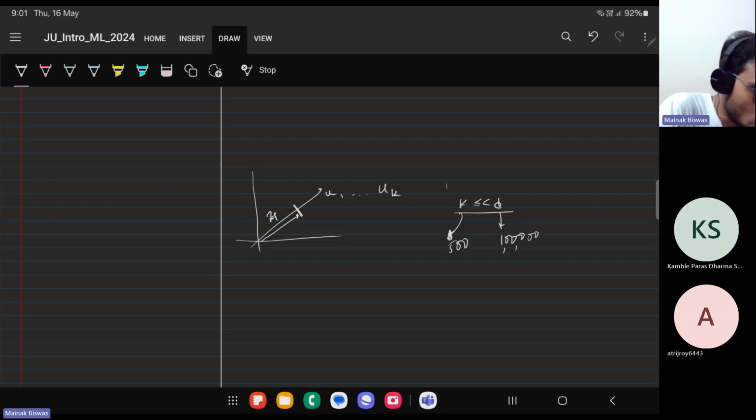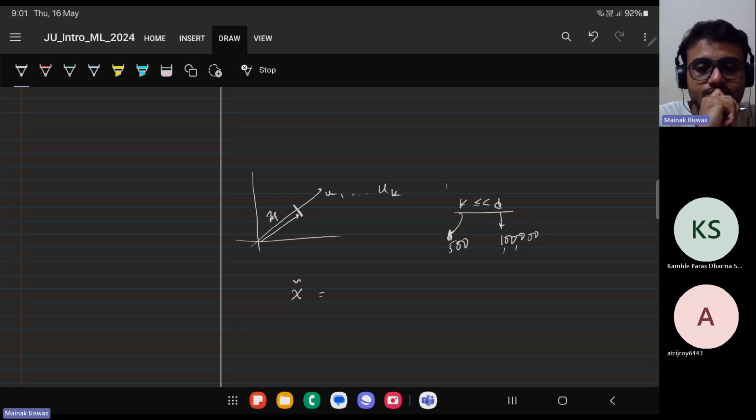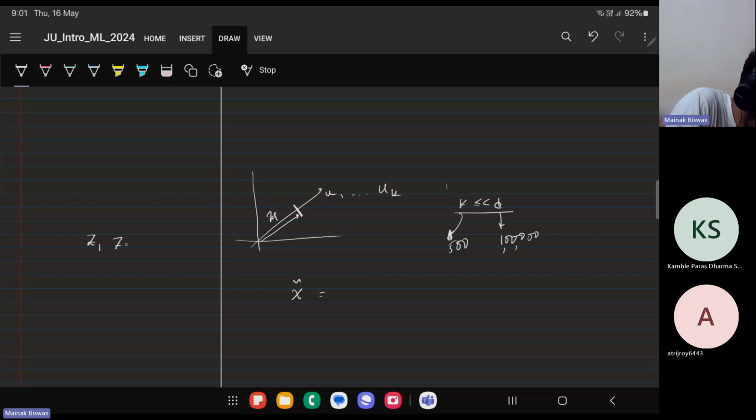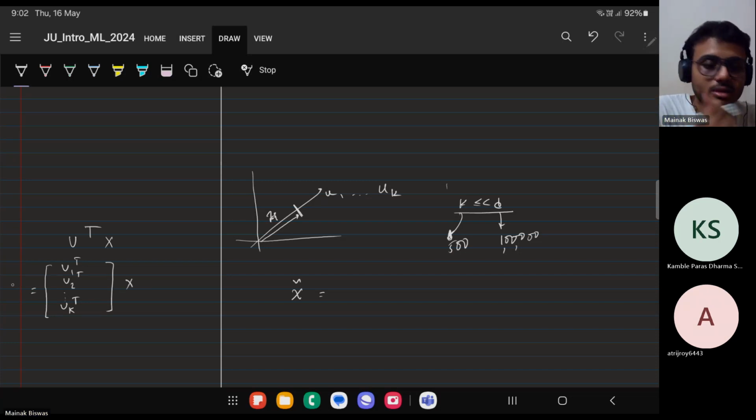So if I ask you what is the reconstructed image, if I have to reconstruct the data, x tilde, what will be the reconstructed image? I will have Z1, Z2 when I do U transpose X, and U is U1, U2 dot dot dot UK. The top K U's I will be taking, and X is a single vector for the time being.